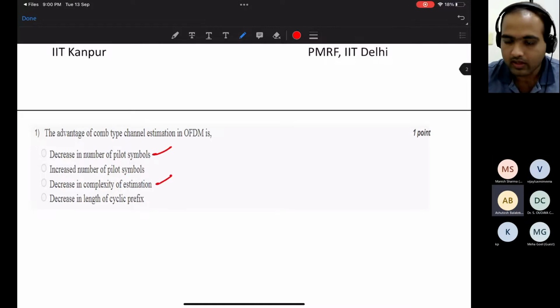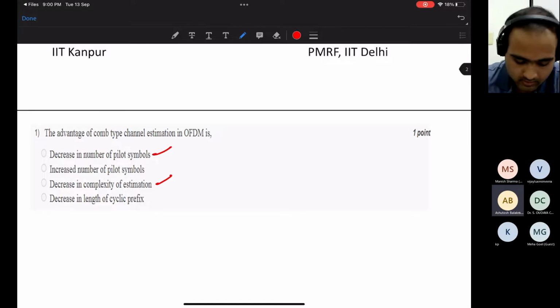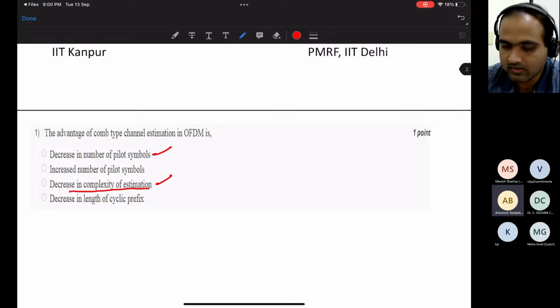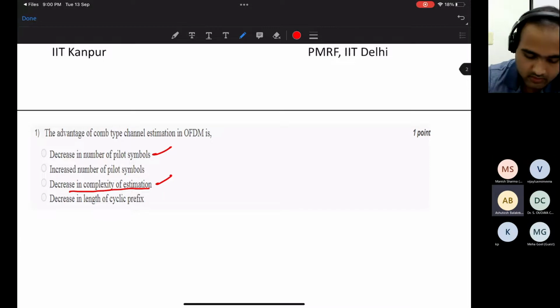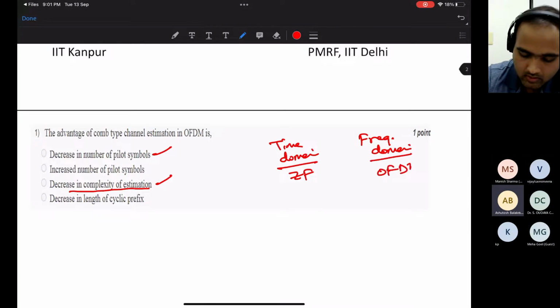So I would say that complexity of estimation is not actually decreasing by the comb type transmission. So we have the time domain which is zero forcing, and in the frequency domain we have the OFDM as well as the comb type transmission.